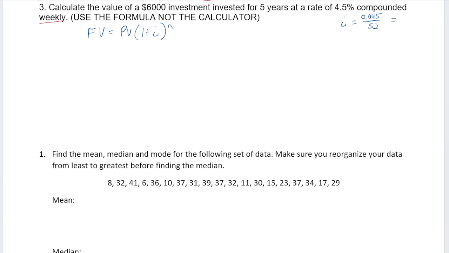0.045 divided by 52 gives me 0.000. Let's do 4 numbers, 8, 6, 5, 4. Wonderful. And N is going to be 5 years, and it happens every week. So that's going to be, what, 260?